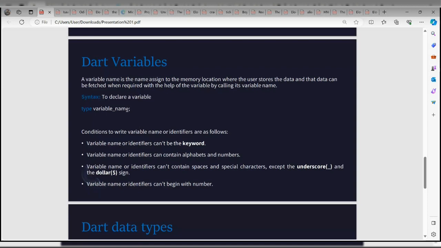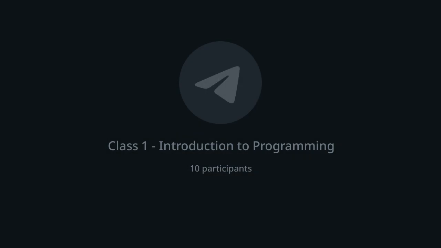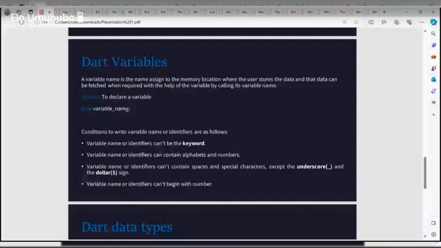It's just like you're putting in two different variable names, so they are separate. Putting in the space, you are separating those words, so they can't be one. Variable names or identifiers also can't contain special characters except the underscore and the $ sign.